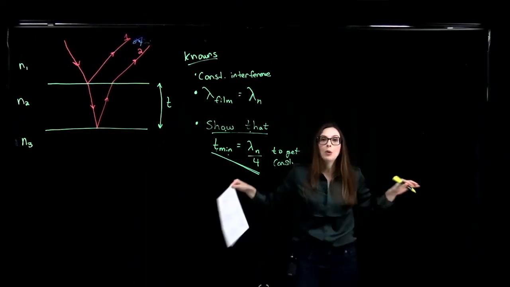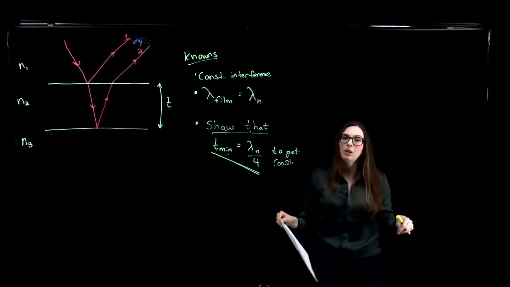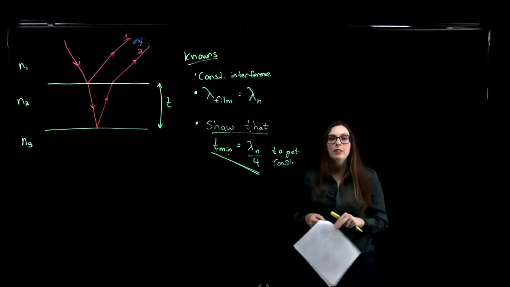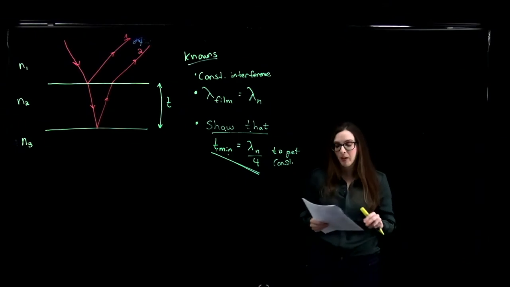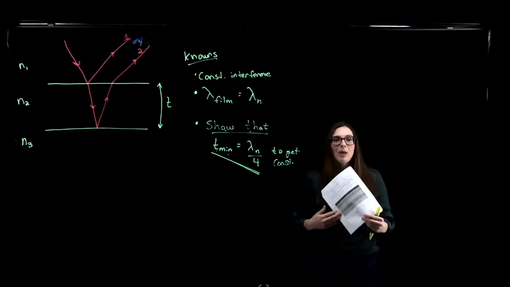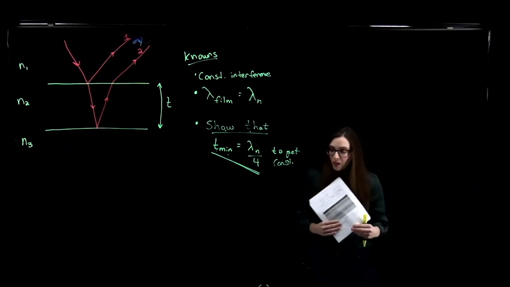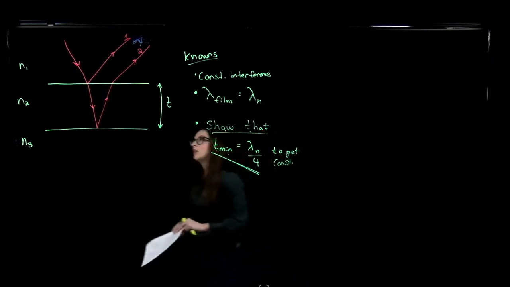Now, in order to solve this problem, we've got to figure out what equation we want to use in order to get constructive interference from our thin film. Well, we've got this sort of truth table to help us figure out which equation we want to use for constructive interference in our thin film, given the indices of refraction of our material in those different layers.